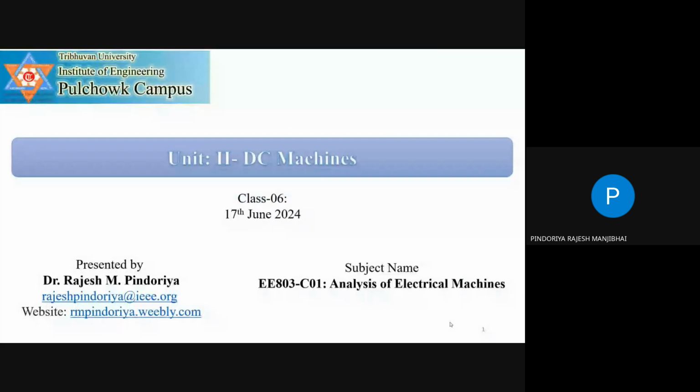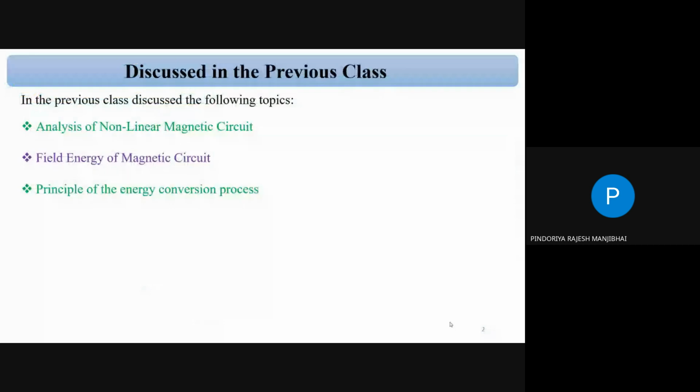Yeah. So in the previous class, we discussed the first unit, that is the analysis of the non-linear magnetic circuit, then field energy theory. There is a field energy of the magnetic circuit and the principle of the energy conversion process. So how we can convert the energy from electrical energy into the magnetic energy and the magnetic energy into the electrical energy.